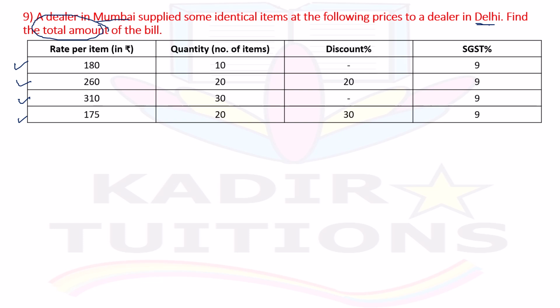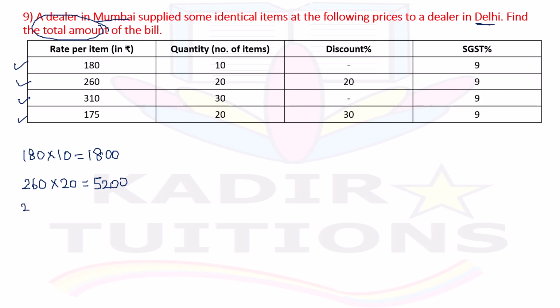So item 1, the rate per unit is 180 rupees. Totally they are transferring 10 quantity. So I need to multiply 180 into 10. So we will get 1800. And the second item's unit price is 260 and total quantity is 20. So if we multiply, we will get 5200.